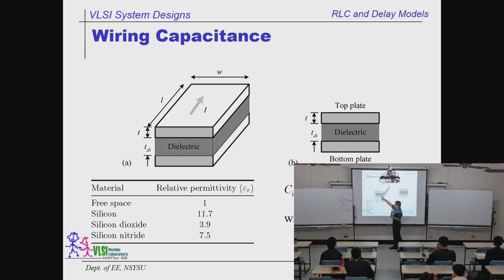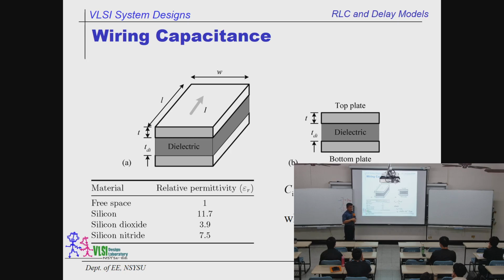How to define the insulation of this dielectric depends on what kind of material you use. For free space, we define the relative permittivity. It's very hard to pronounce. Permittivity. We call that epsilon, R stands for relative. So free space is assumed to be a single unit, it's a 1.